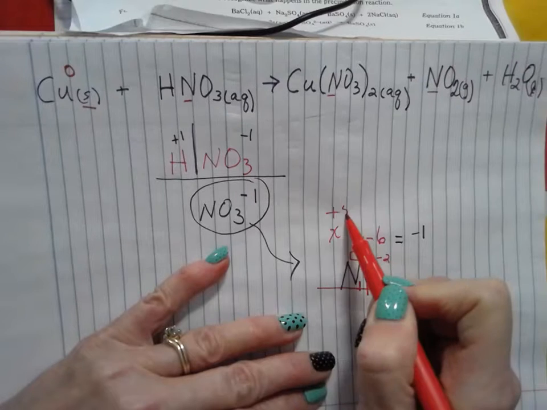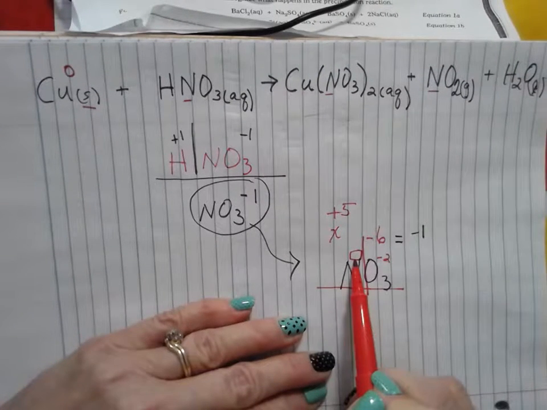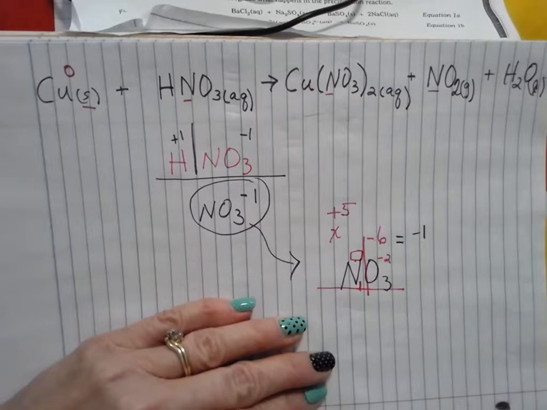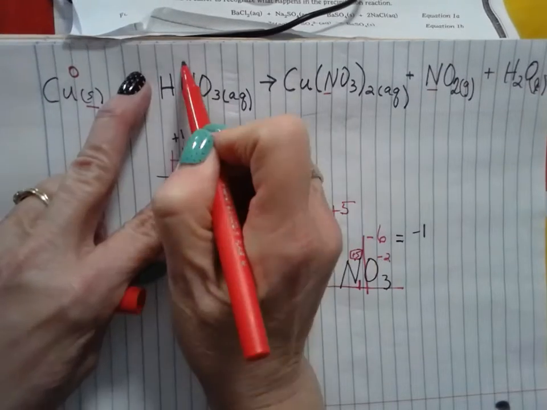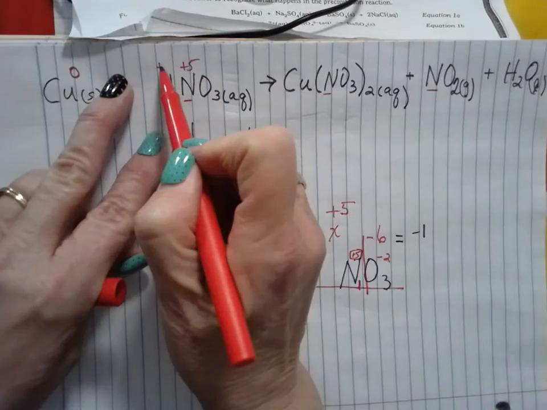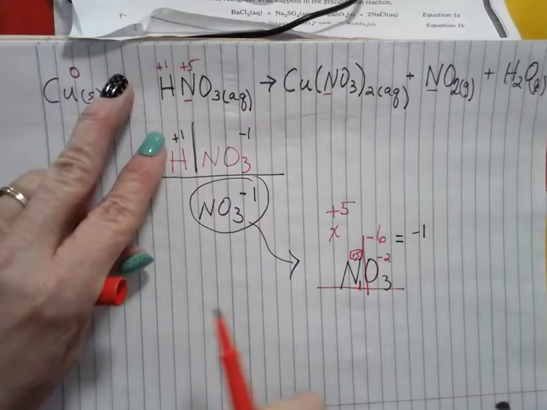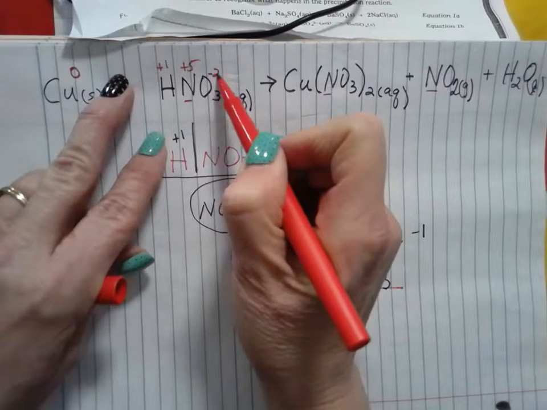This has to be a +5. I've got 1 times something. Okay, so this charge is a +5. Hydrogen ion, hydrogen cation is always going to be +1. That's a -2.